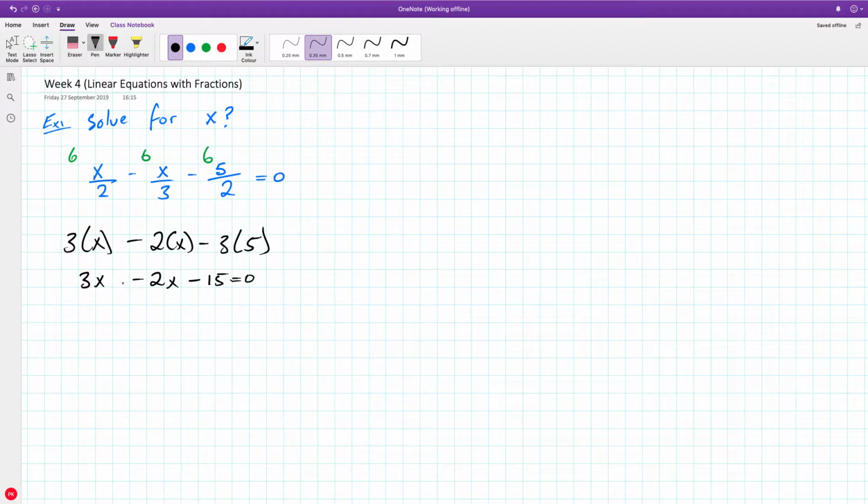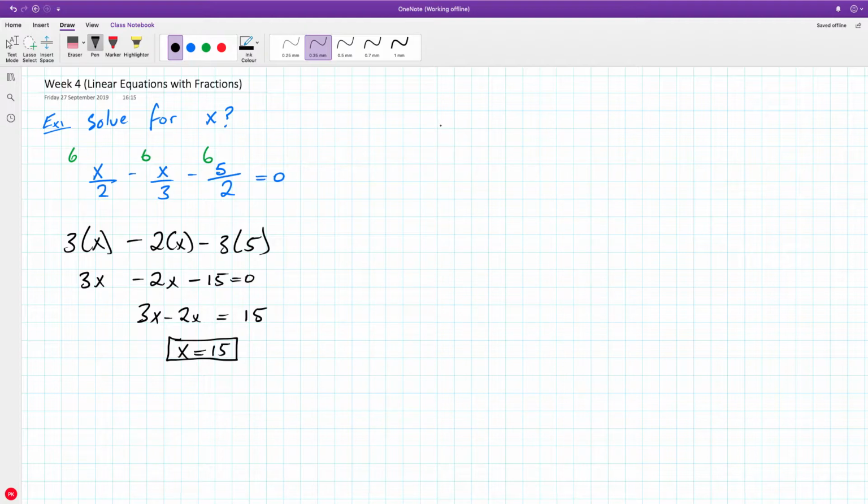is equal to 0. On our left hand side then we have 3x minus 2x is equal to, what happens to minus 15 when it comes over? What happens to the sign? It changes to plus 15. So 3x minus 2x is x, x is equal to 15. You get that? Good stuff.